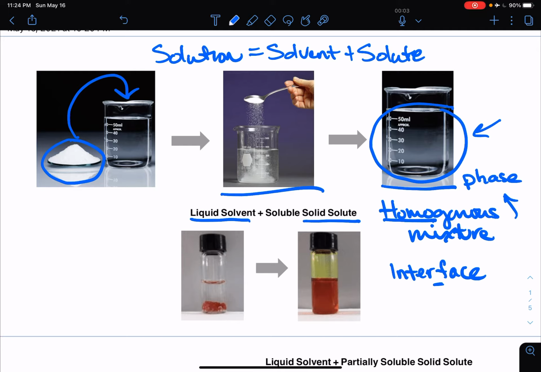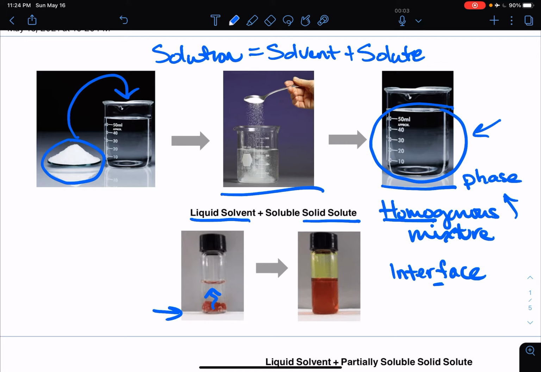Now, what happens if we have a colored solid, like the orange solid down here? Well, what happens is we put that colored solid solute into the solvent, and it takes a little while for it to dissolve up into the solvent, but it does.